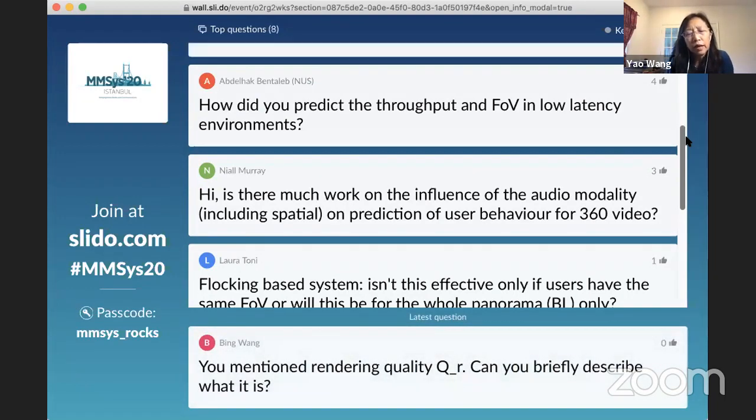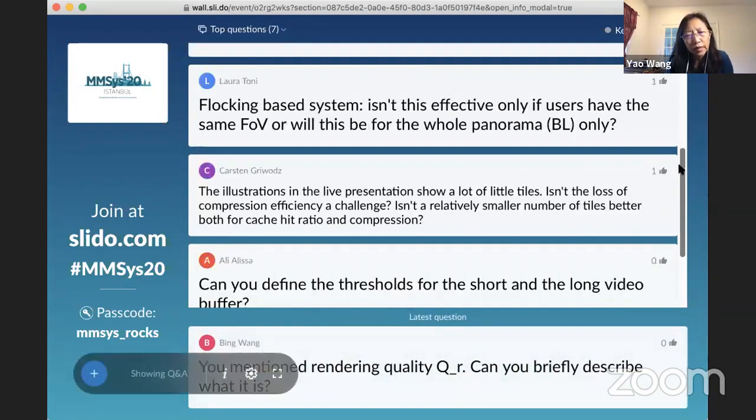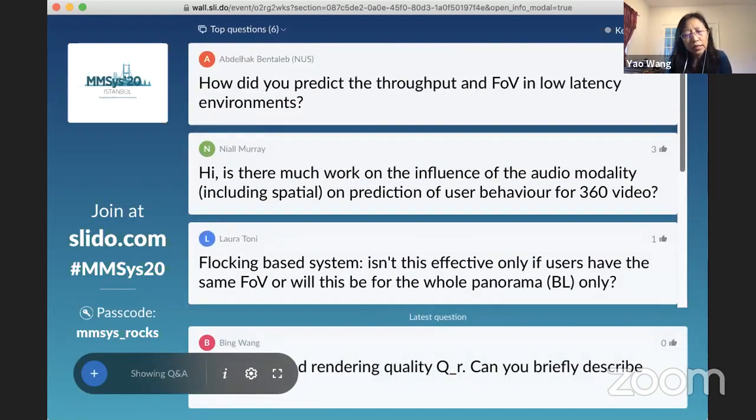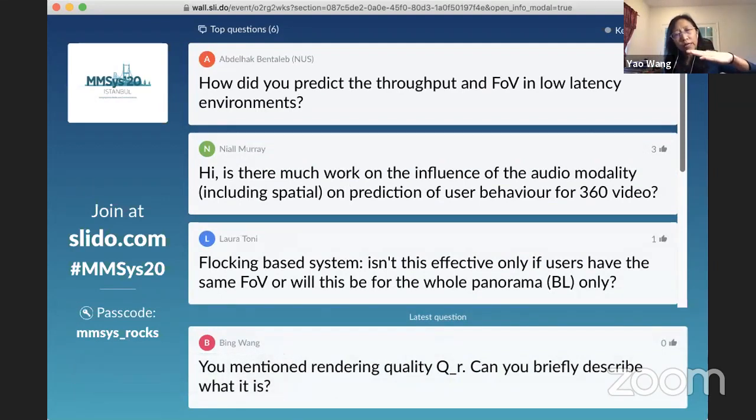For the FOV, we use a technique known as truncated linear. Essentially, we assume the FOV within a short distance, if you look at that trajectory, is fairly linear. But when there is a sudden change, you don't want to use that portion.